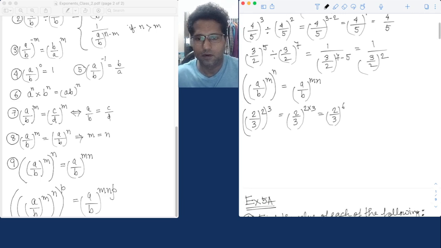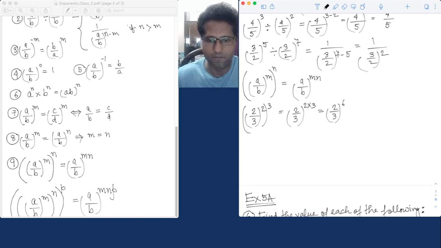Now this can be extended to any number of powers. Let's say I have 4 by 5 raised to the power 3, again raised to the power 2, and again raised to the power 5.